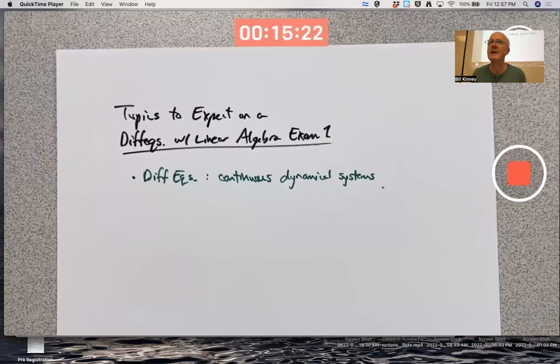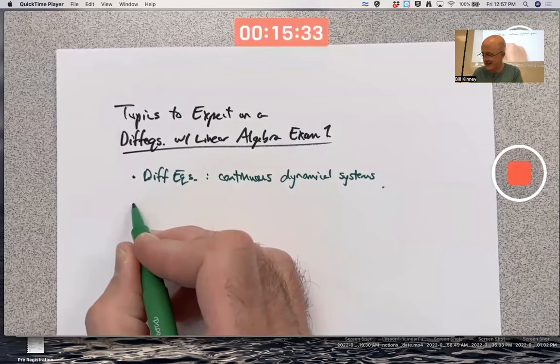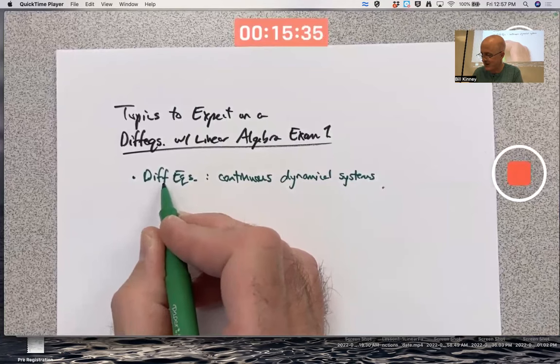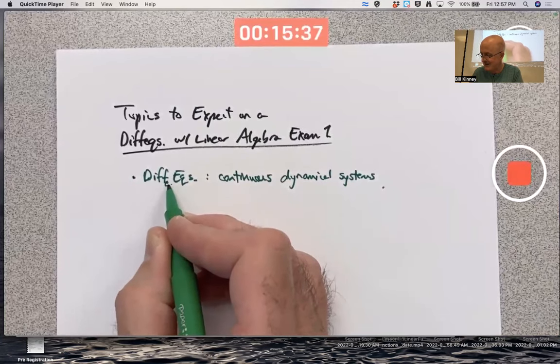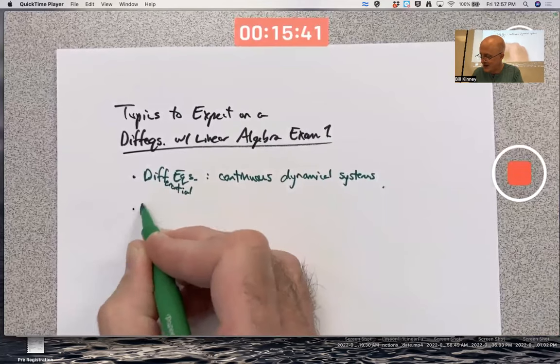T is the independent variable, where T is a real number. And okay, this is unfortunately, difference equations has the same abbreviation. Okay, so this is differential equations.